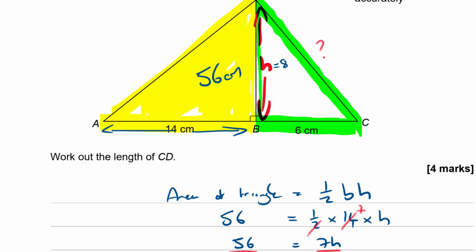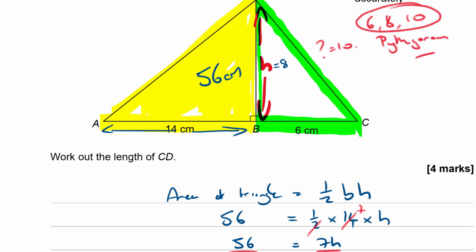Now, you can do this with Pythagoras Theorem. I already know the answer because I know that 6 and 8 goes with 10. So I know already that it's 10 because I know the Pythagorean triples. Now these are very handy triples to know.